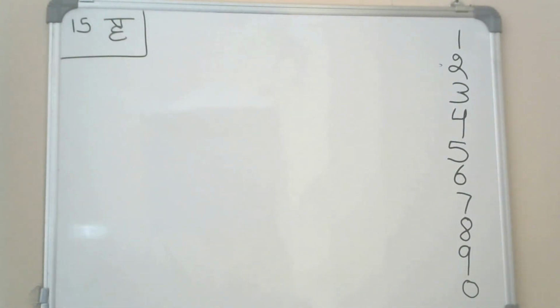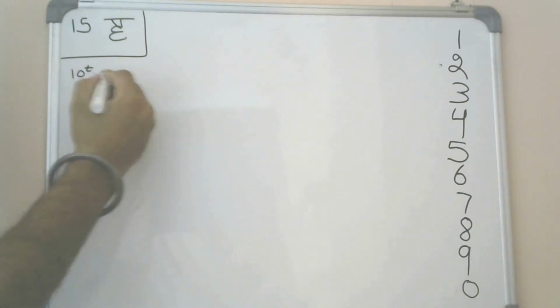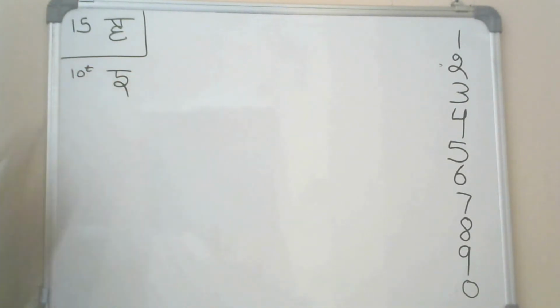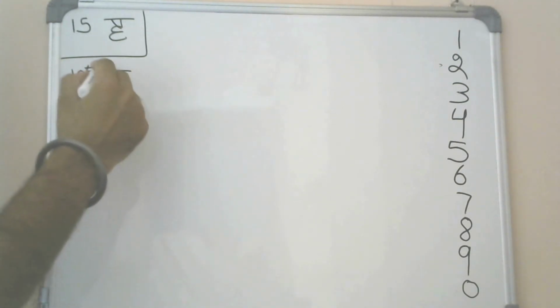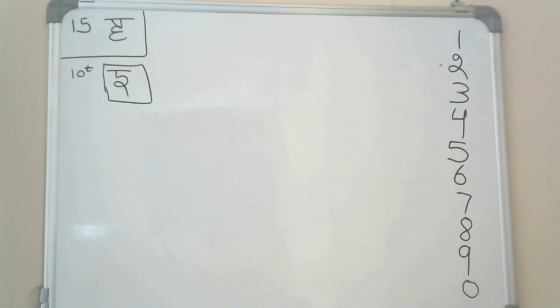I think you remember the 10th letter that we discussed. It was Nganga. What I said there was, we will not be having any word in Punjabi which will be starting from this letter.